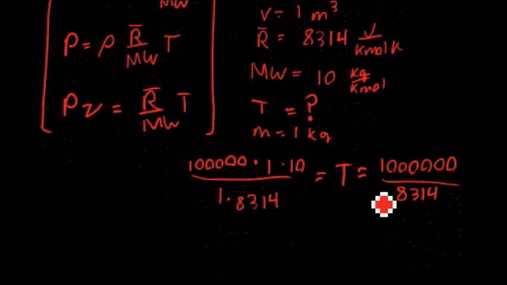And since we kept the units at their base level, the SI units, what we'll end up getting is temperature in Kelvin. So you can use any other terms to find any term that you're missing. Maybe you're missing the pressure.